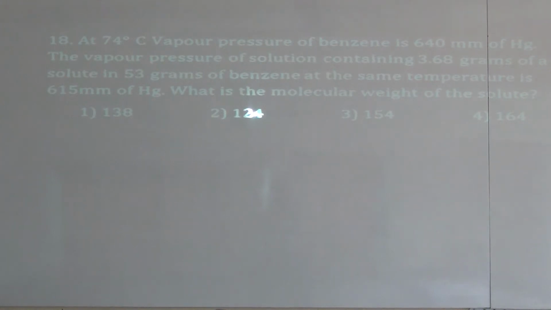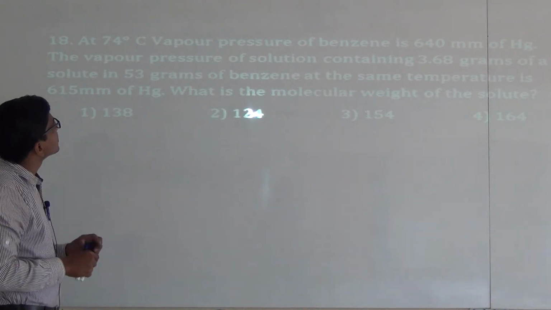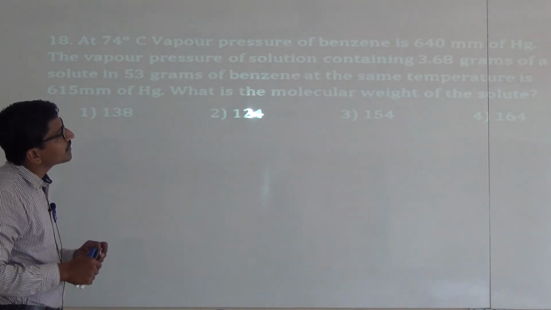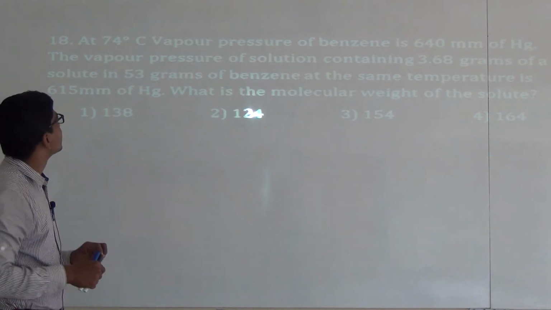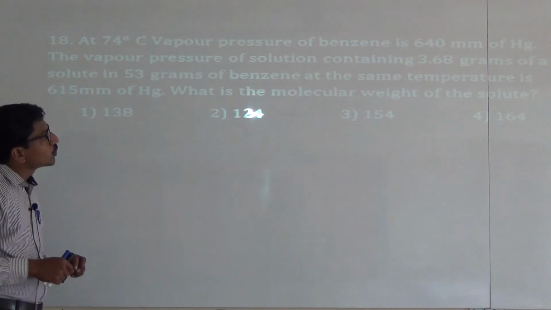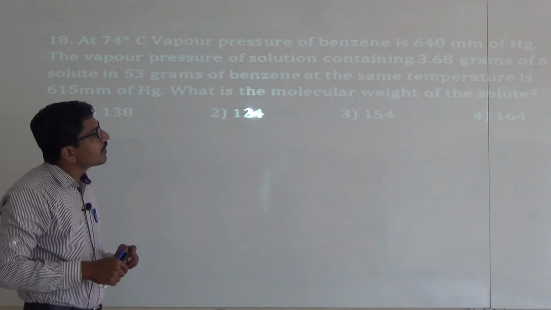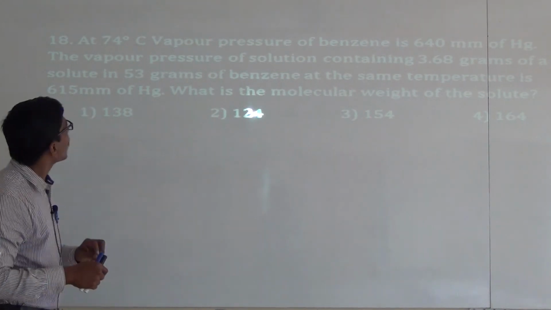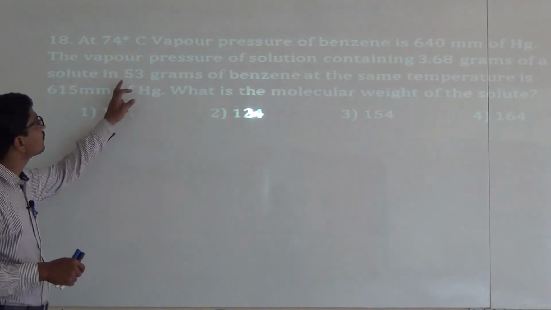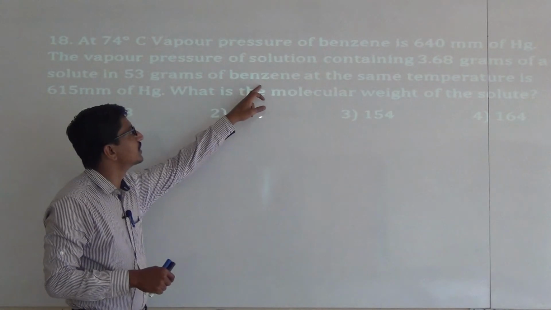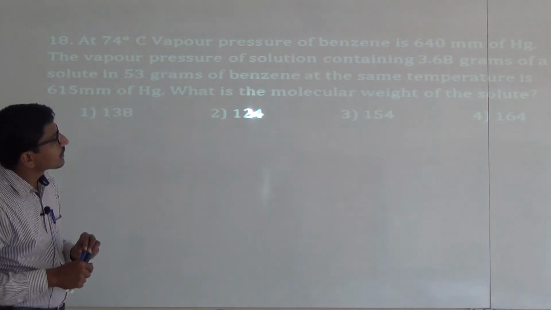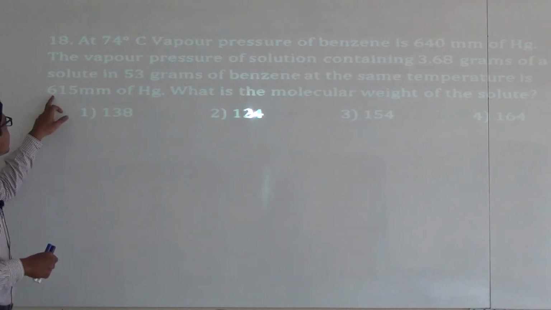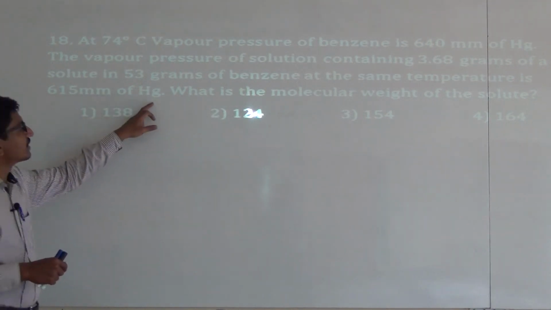Next question is, at 74 degrees Celsius, the vapor pressure of benzene is 640 mm of Hg. The vapor pressure of a solution containing 3.68 grams of a solute in 53 grams of benzene at the same temperature is 615 mm of Hg.